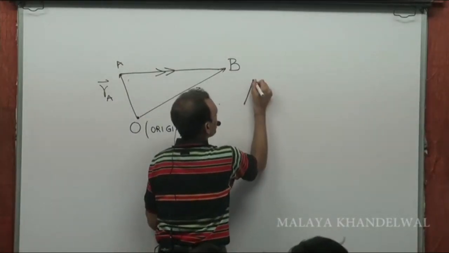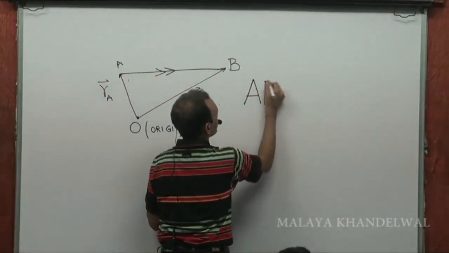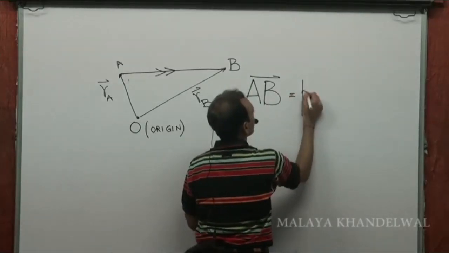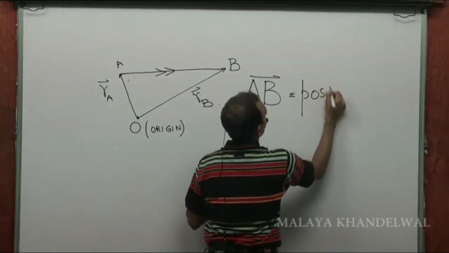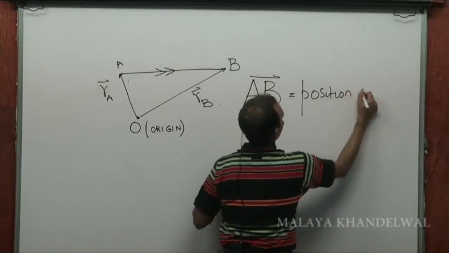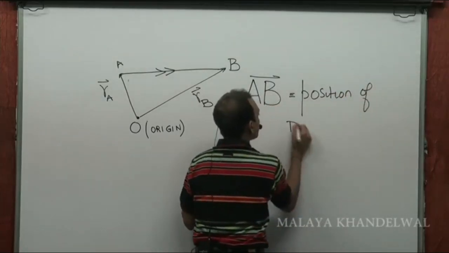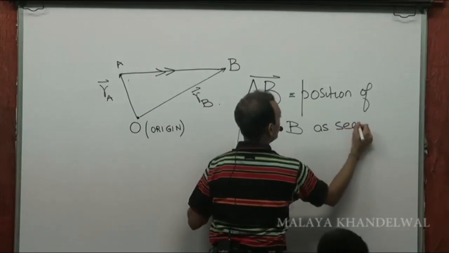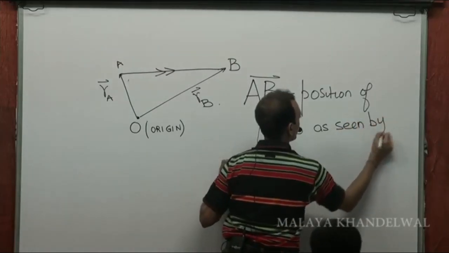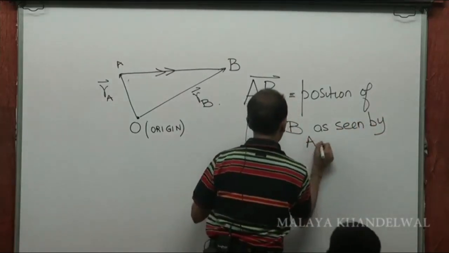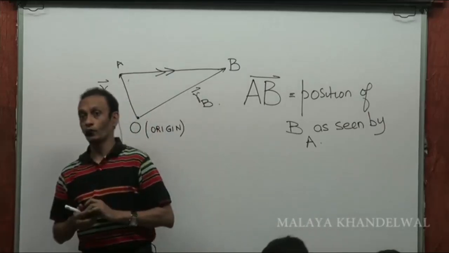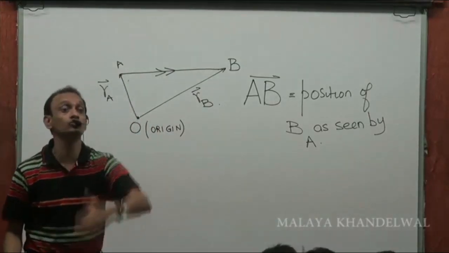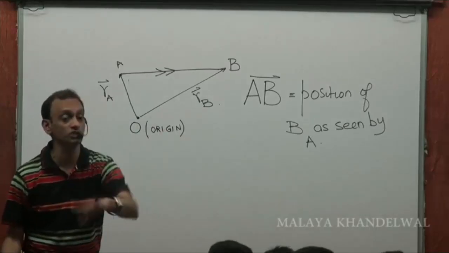So AB, the position of B as perceived by A. Or relative position of B with respect to A.